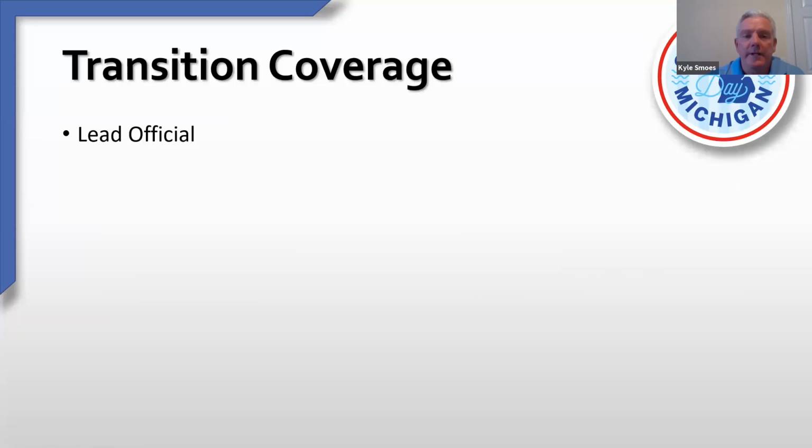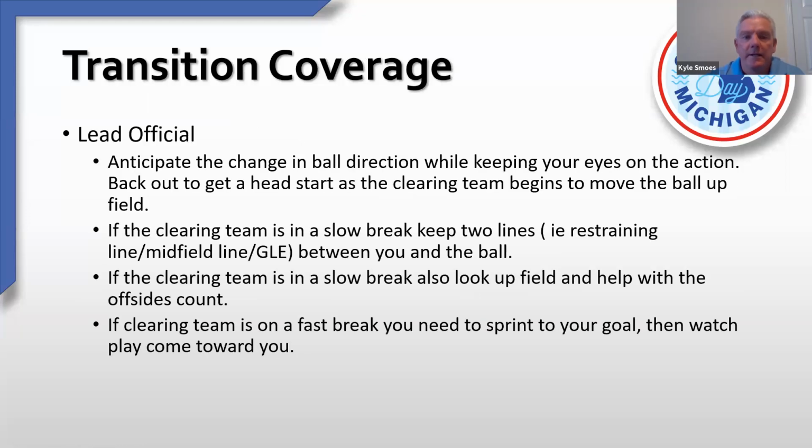So now we're going to go into transition coverage, and transition coverage is just what it says. We're moving, right? The ball is being moved up the field. We have not crossed the midline, and we have an attacking team and a riding team. If you're the new lead official, now remember, you're the old trail official. You went from being a trail official to being a lead official because the ball has turned and gone the other way.